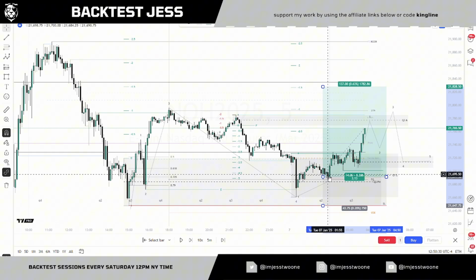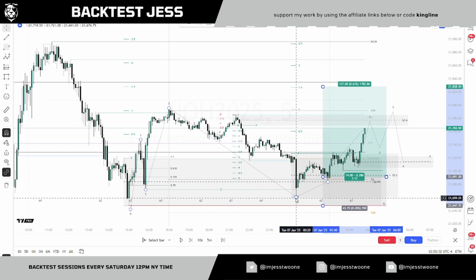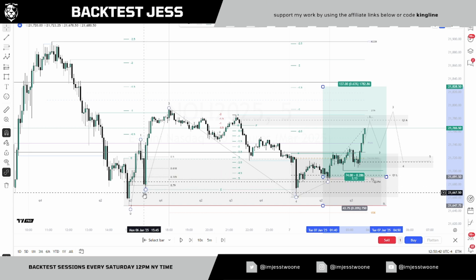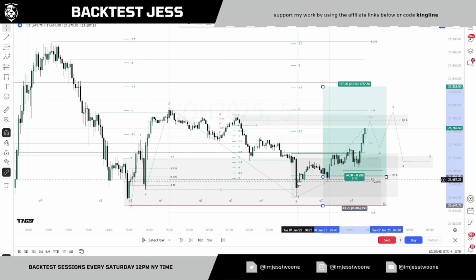Okay, yeah, the entries don't become valid until after this point. So you could slap it here technically, but you wouldn't want to take a limit order at 0.79 until after you have this sweep confirmed. So after this candle closes, the sweep is confirmed.